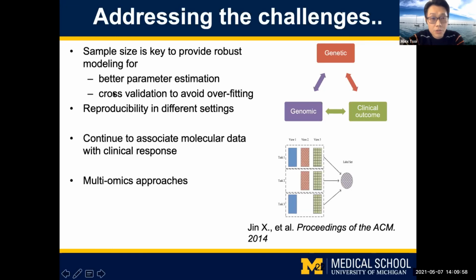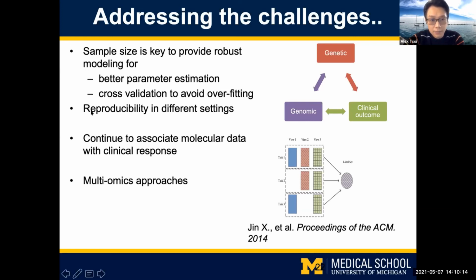Increasing sample size will also help us avoid overfitting by allowing cross-validation, leaving some out for future testing while using all the rest for model training or optimization.